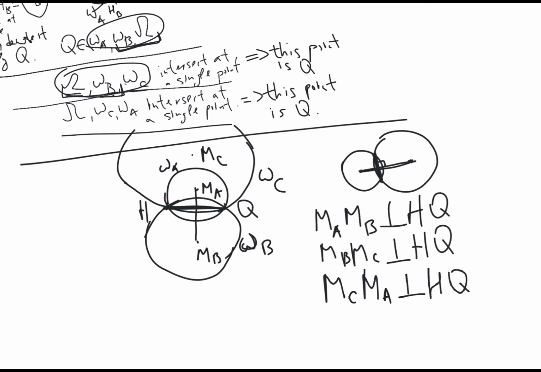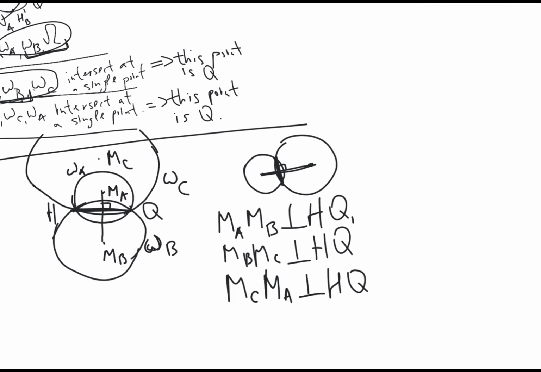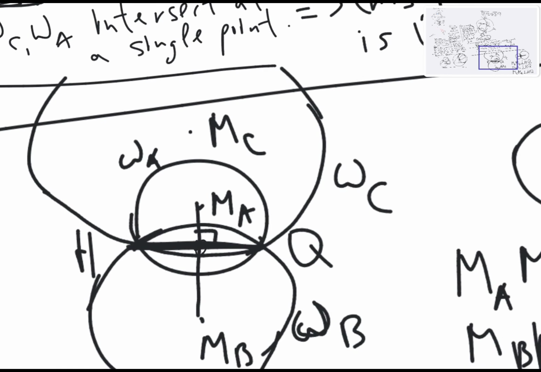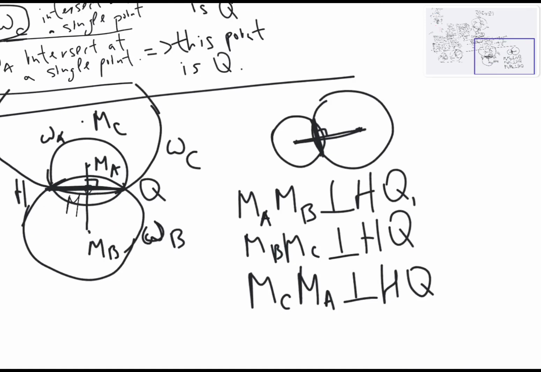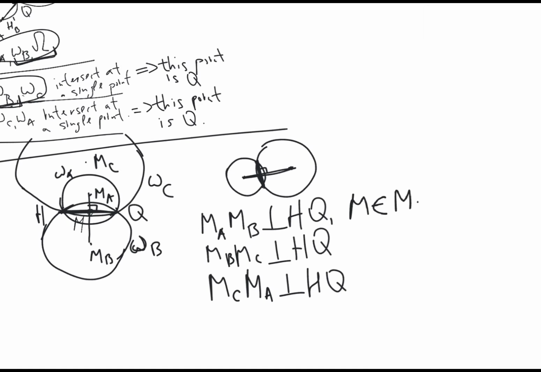Not just perpendicular, but perpendicular and passing through the midpoint of HQ. So if we denote the midpoint of HQ as M, then M belongs to MA. Okay, let's write it differently.